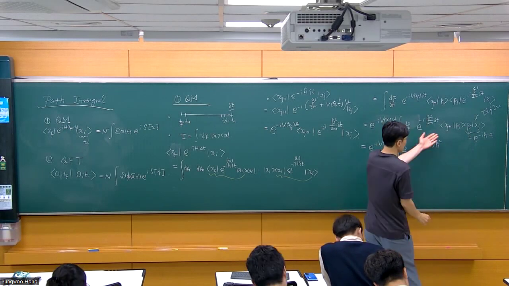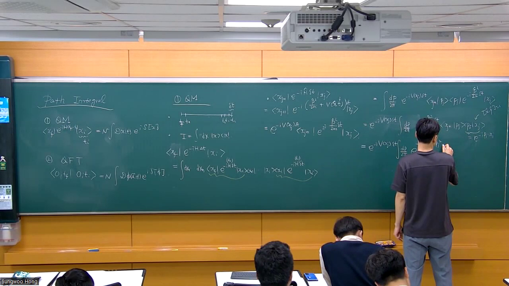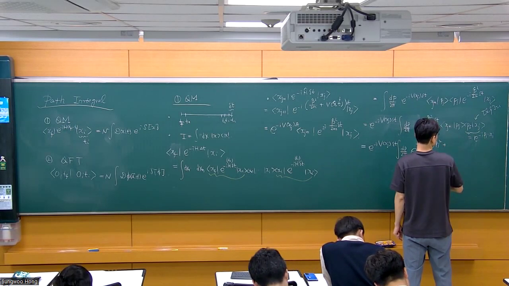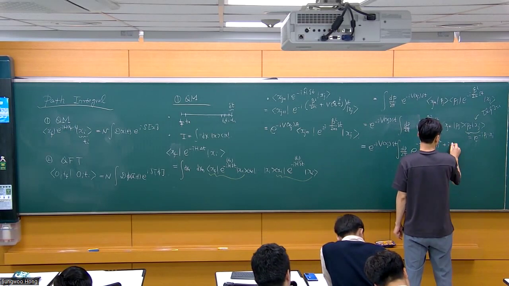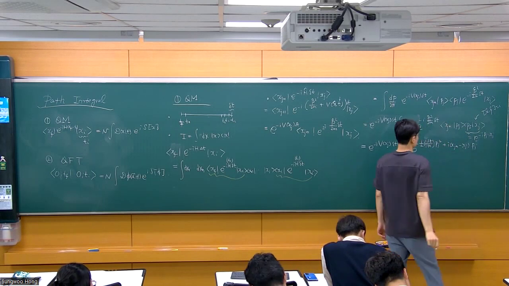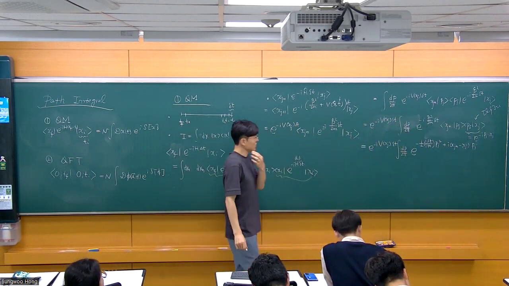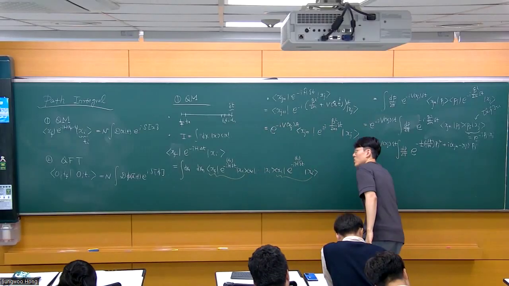That's the first piece. The second piece has plus i (x_{j+1} minus x_j) p. Done. So now I just need to do this integration, which you can do.